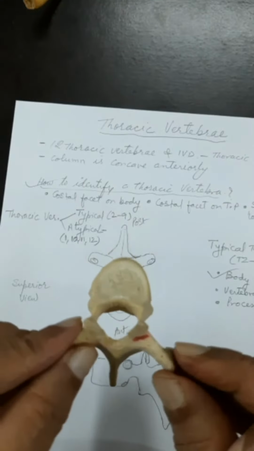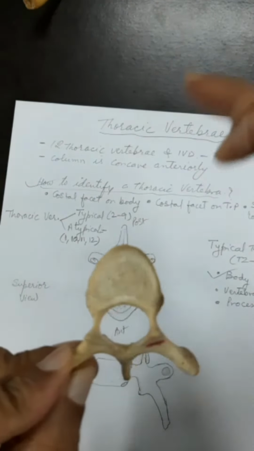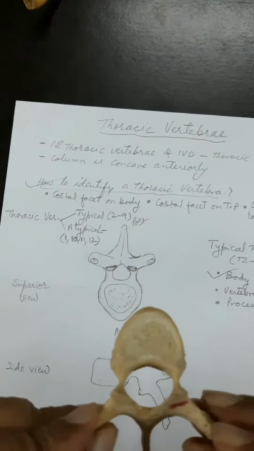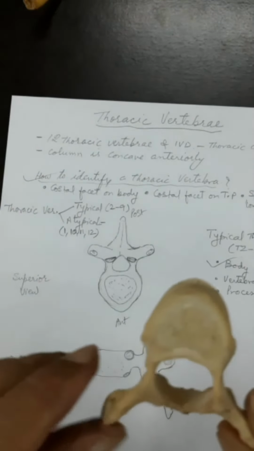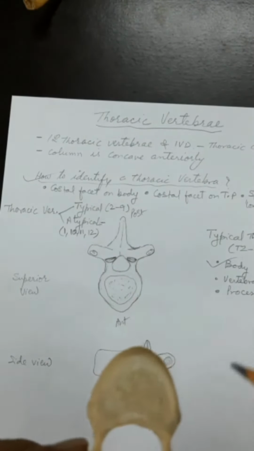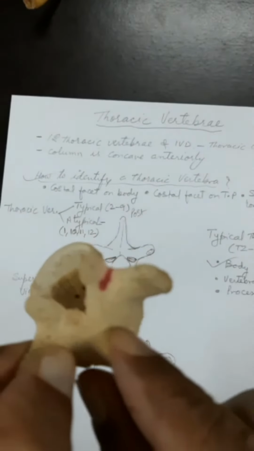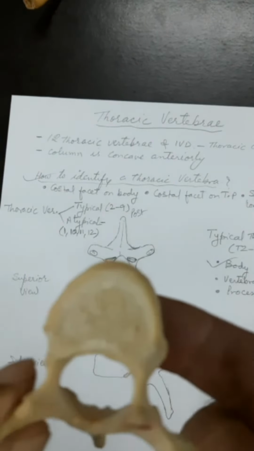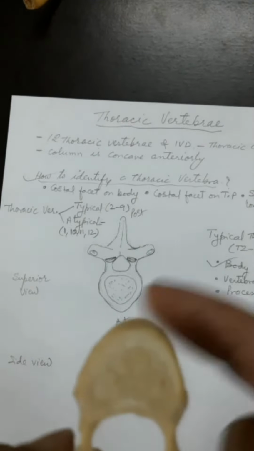In anatomical position, in my body, the body is anteriorly placed and the spine is posteriorly placed. Now this body will show various surfaces. This is the superior surface. Why? Because here the spine is projecting downward. So the opposite surface is inferior and this is superior, which are the flat surfaces.